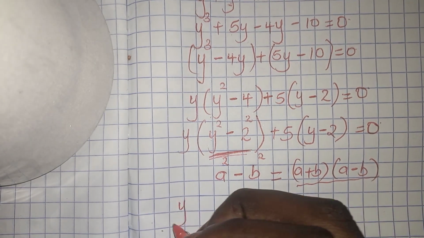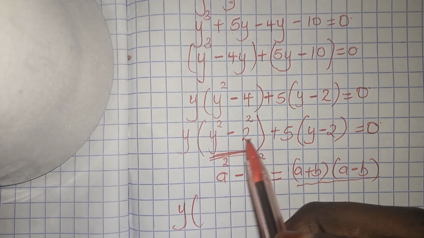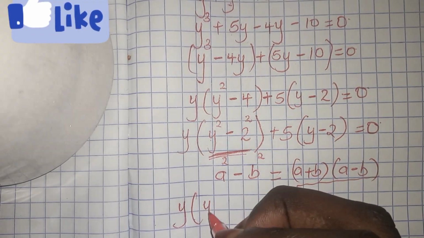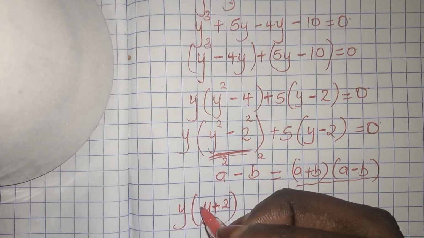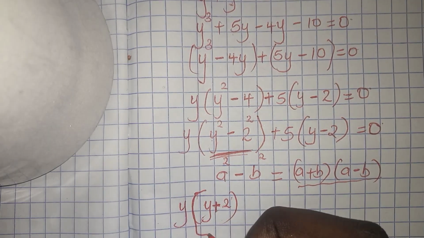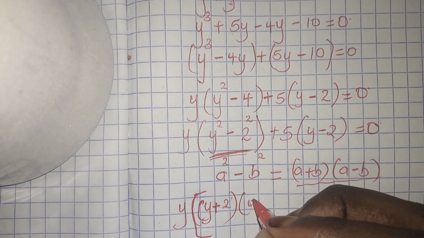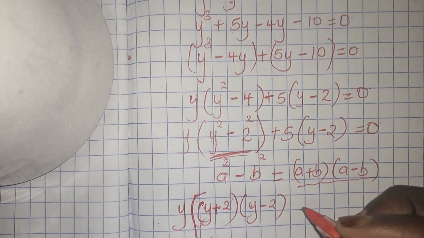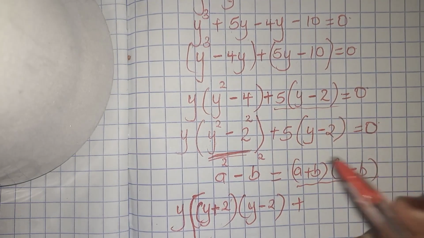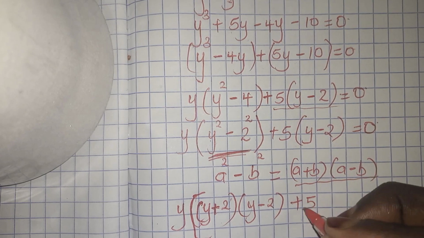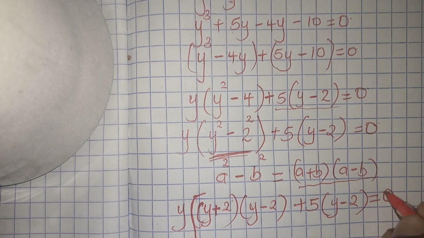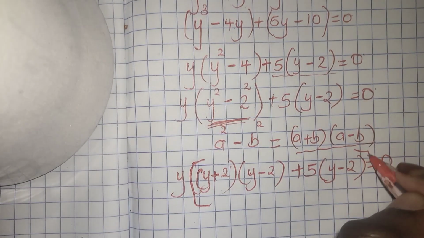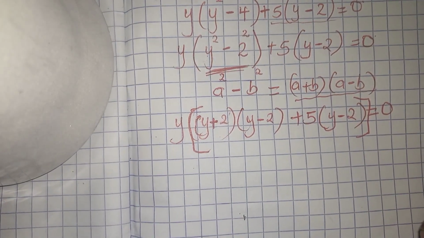Therefore, y into y minus 2, y plus 2, this is our bigger bracket, into y minus 2 plus, now this here, 5 into y minus 2 is equal to 0, right? So this is our bigger bracket is equal to 0.